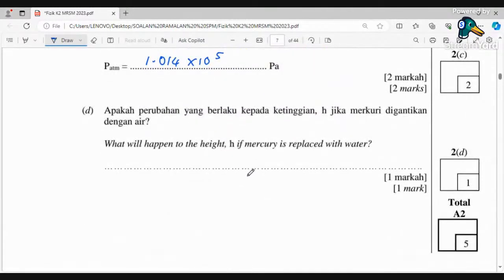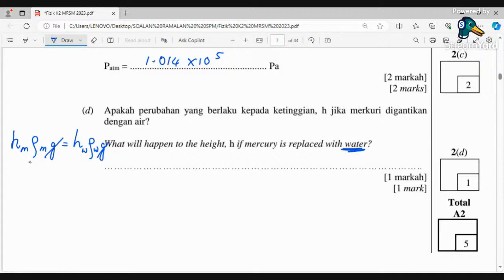D, what will happen to the height if mercury is replaced with water? When replaced with another type of liquid, it means a change in density. Same atmospheric pressure. Height of mercury times density of mercury times g equals height of water times density of water times g. We cancel the g.